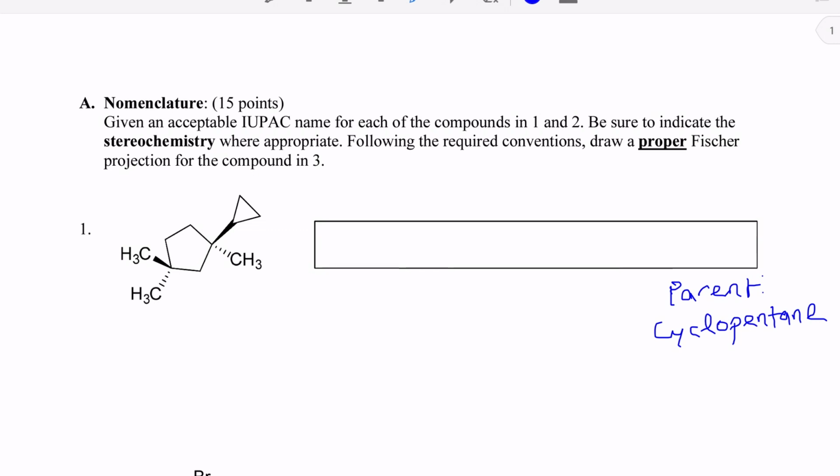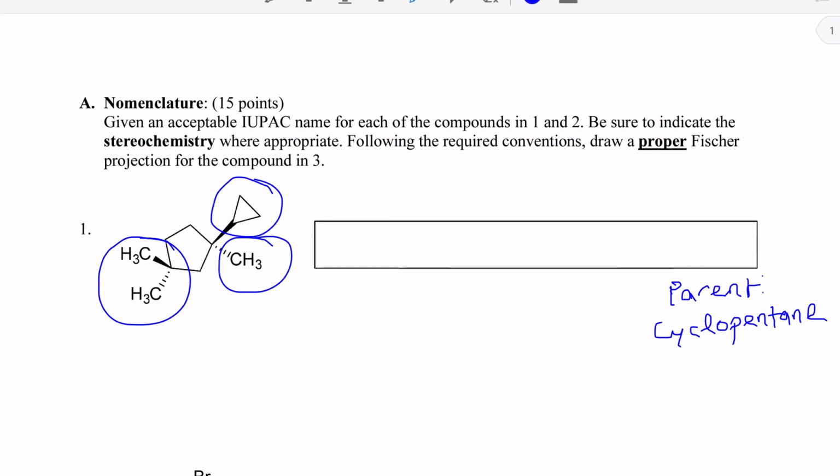Whenever we are trying to identify the substituents, the first thing we need to do is find out what the numbering in a ring actually is, because it's up to us. The choice is not as clear as, for example, an acyclic compound. So let's look at our substituents first. There are 2 methyl groups attached to 1 carbon, and a cyclopropyl group and a methyl group on another.